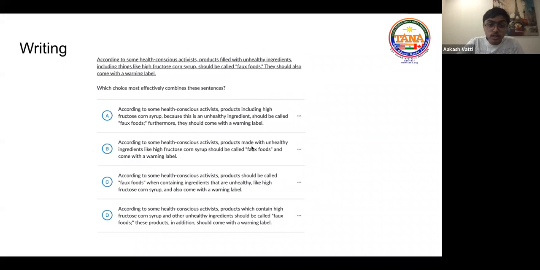So for the previous question, in this case, the word like here is simply just unnecessary, unhealthy, such as, or something. So right here B is just completely concise, while C just organizes them in a different way, in weird ways. When containing product ingredients like that are unhealthy, like fructose corn syrup, and also come with a warning label, this just sounds complicated, and B is just a less complicated option of it.